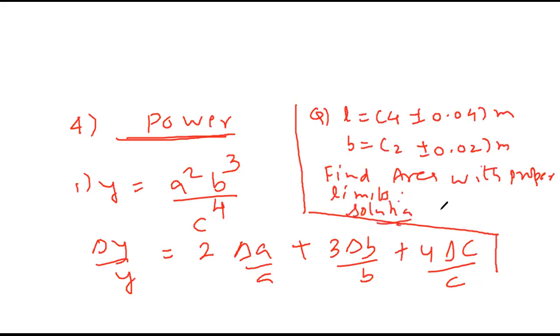So first step operation will be simple, length into breadth. ये L है, ये B है. This is delta L, this is delta B. The first operation 4 into 2 is 8 meters square. As we do the mathematical operation, same idea.